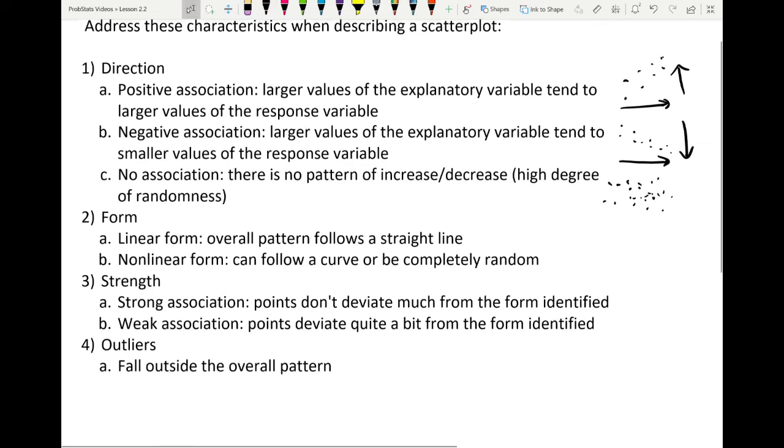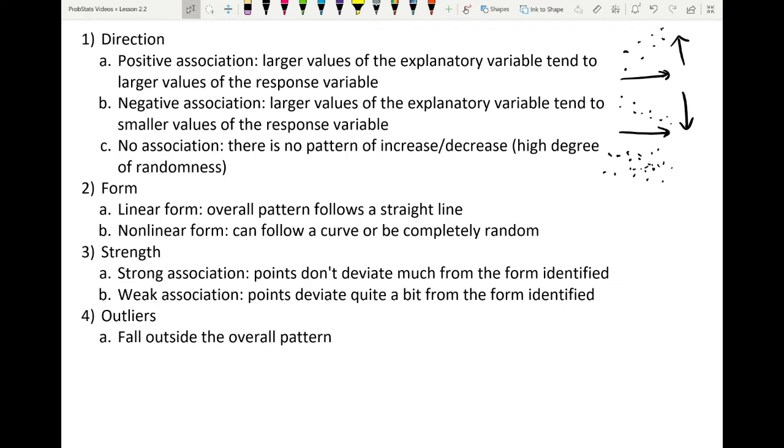For example, if you identify the form as linear, maybe something like this, so there it tends to have some kind of linear pattern. Now, if the points don't deviate much from this line that I drew here, then we say it's a strong association, which in this case it looks like is.